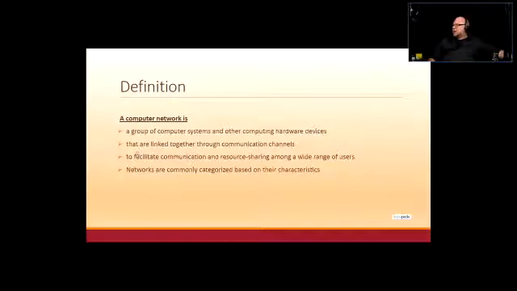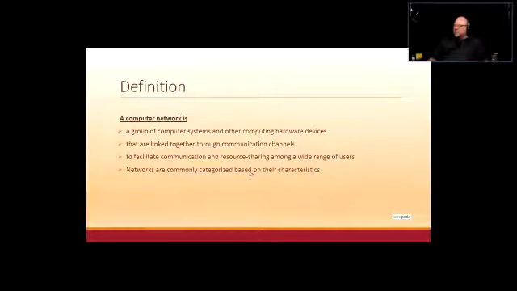So, a group of computer systems and other hardware devices that are linked together through communication channels to facilitate communication and resource sharing among a wide range of users. Well, you pretty much get the idea what a computer network is because you're using it every day.